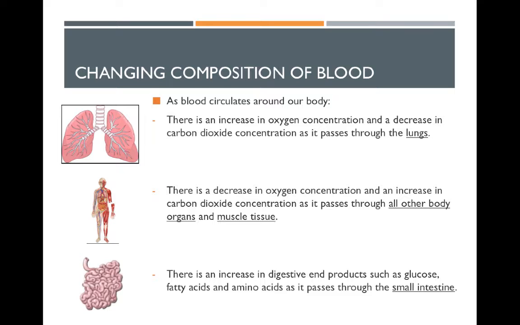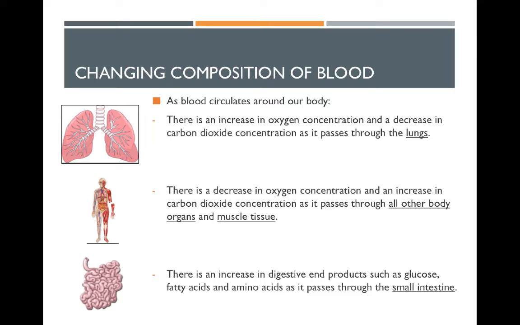In all other organs, tissues, muscles, there's a decrease in oxygen concentration and an increase in carbon dioxide, because as it moves through all the cells in our body, they're using up the oxygen and dumping carbon dioxide into our blood as a waste for it to get rid of.